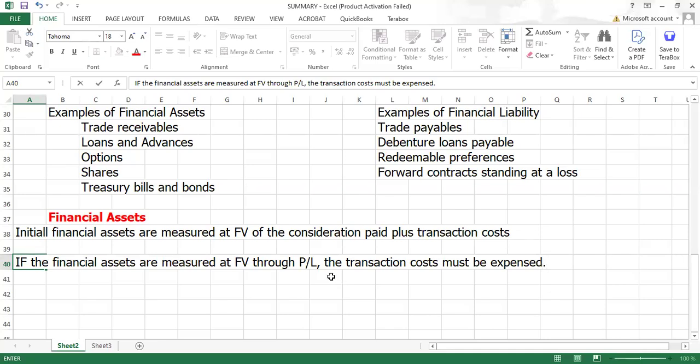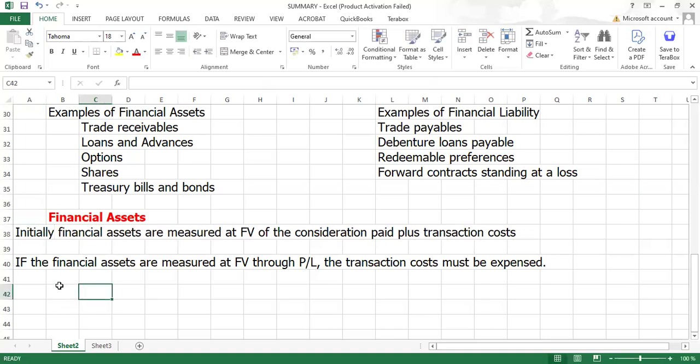So if you say initially the financial assets should be measured at fair value, then subsequently what happens? Subsequently, it all depends on you as the company. Which model are you using? And the reason why you're holding that asset.